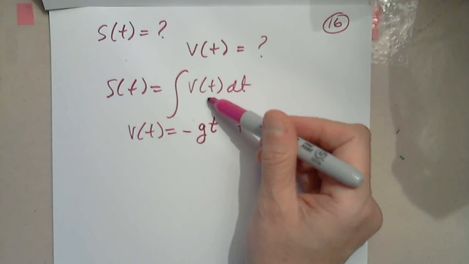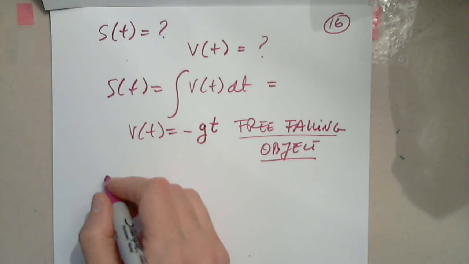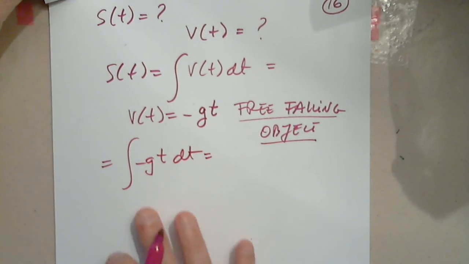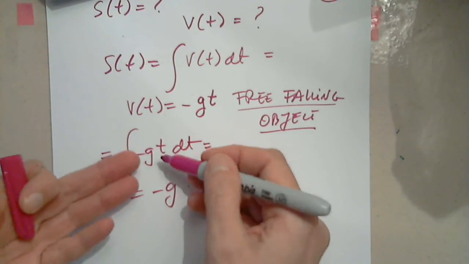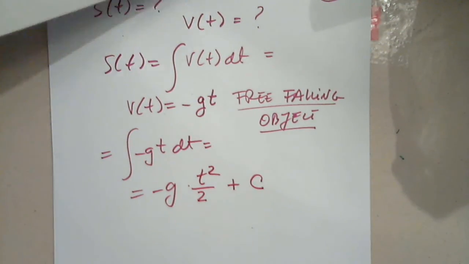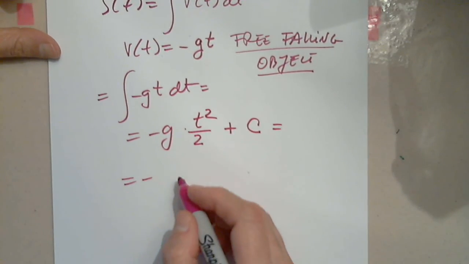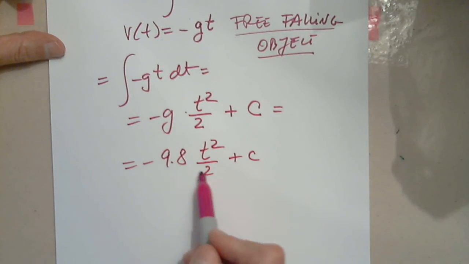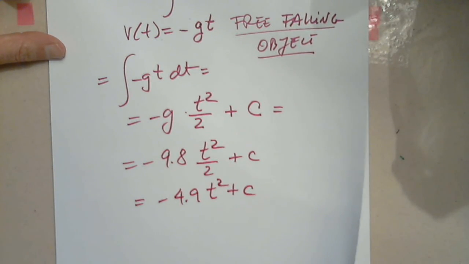Replacing the velocity in here, again this is coming from physics, this is the integral of negative g t dt. Negative g is just a constant, right? But what function has derivative t? It's t squared over 2, and of course plus a constant c. I replace g, which is given to us as an approximation, 9.8, t squared over 2 plus a constant c. I divide and get negative 4.9 t squared plus a constant c.